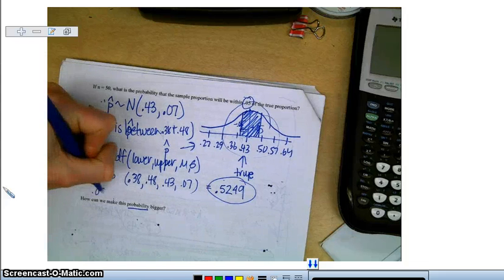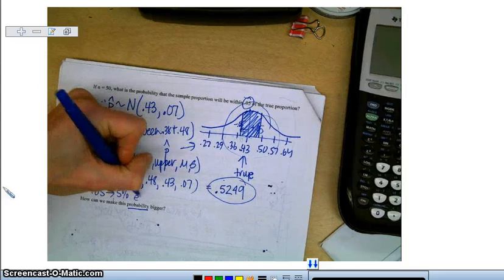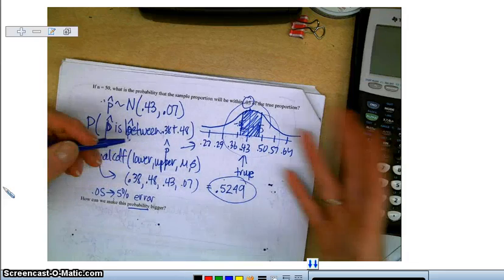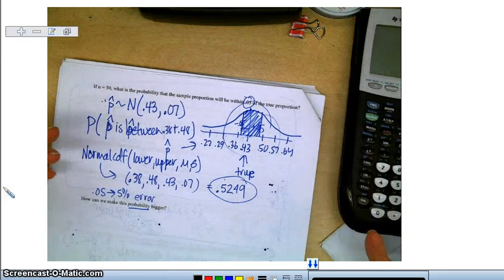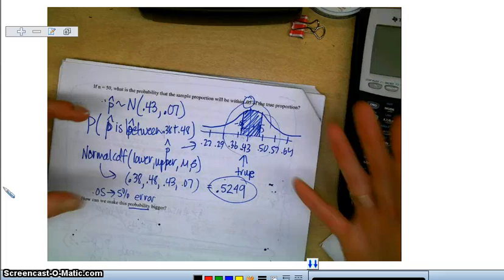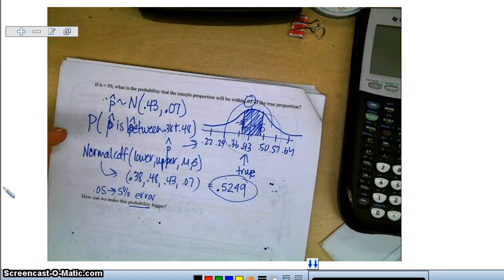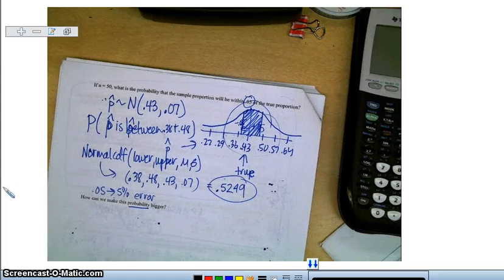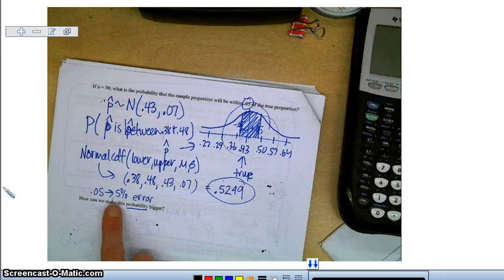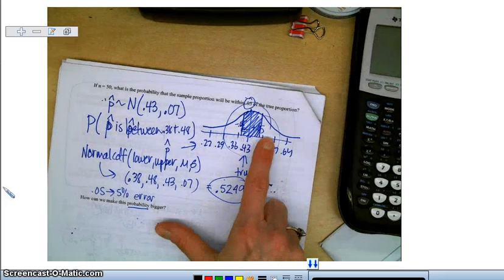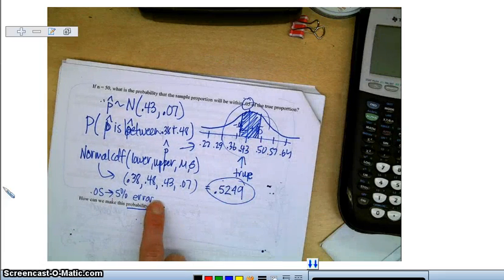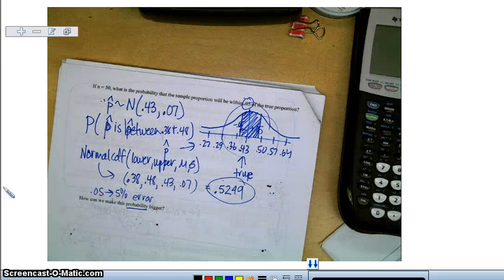The 0.05 is the error. Basically, how can we get our p hat to be the same or really close to the true value? That's what we're asking. So how can we make that error smaller?